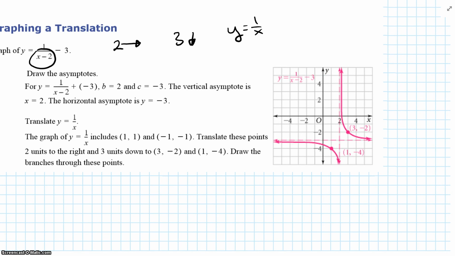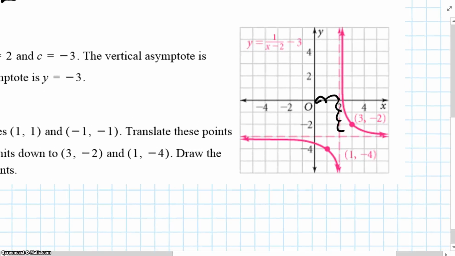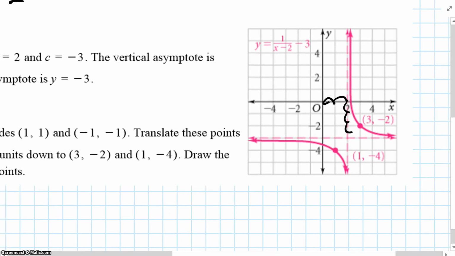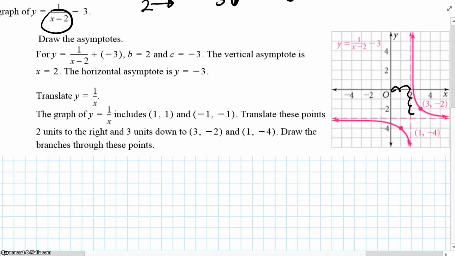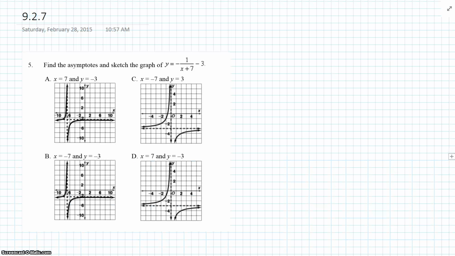And then once we did, we would just move it from the point of origin 2 units to the right, 1, 2, 3 units down, 1, 2, 3. See how they did that? Move it 2 units to the right, down 3, and they drew the exact same graph. Okay, so you could just translate y equals 1 over x, and then translate everything 2 units to the right and 3 units down. Okay, next example.